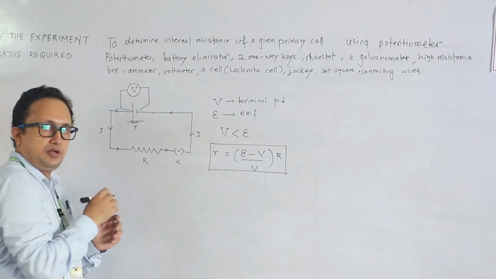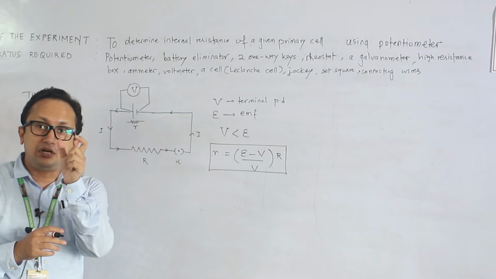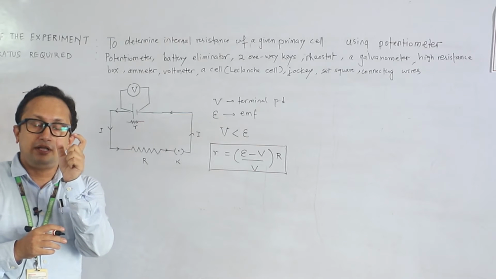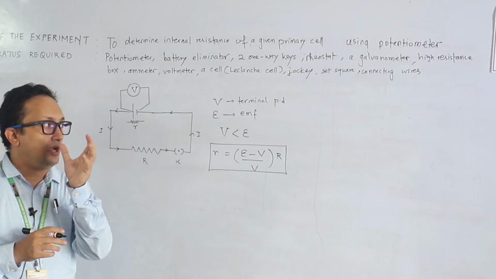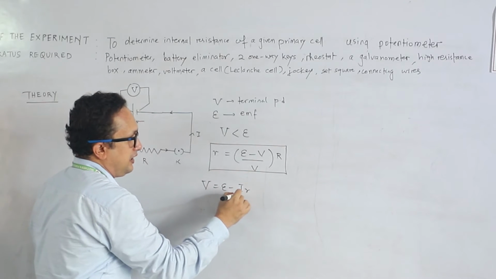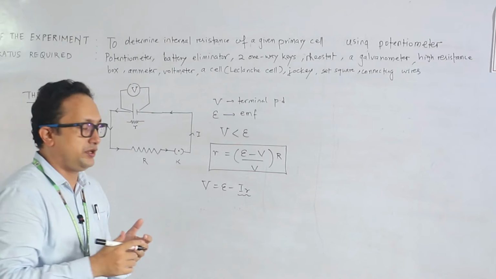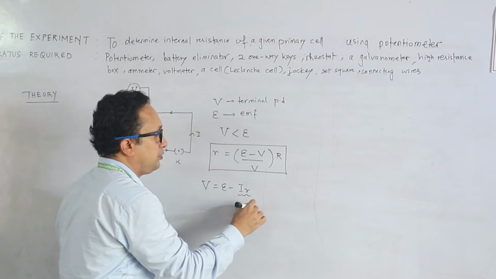The moment you have current flowing in the circuit, internal resistance comes into play. There is a potential drop I into r that takes place across the cell, and that is the difference. So V is E minus Ir, and previously we have seen that I into r is called the lost potential. You are not able to use this potential.